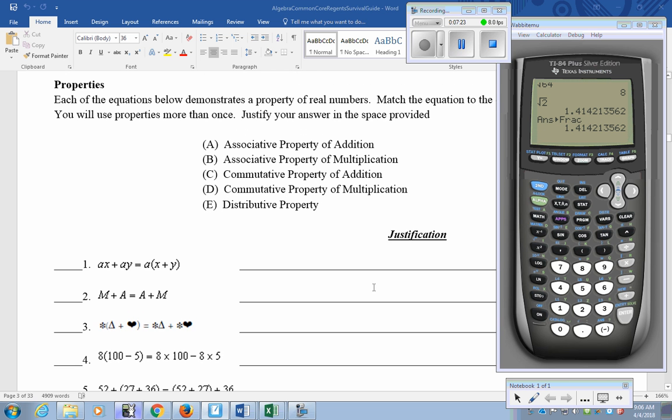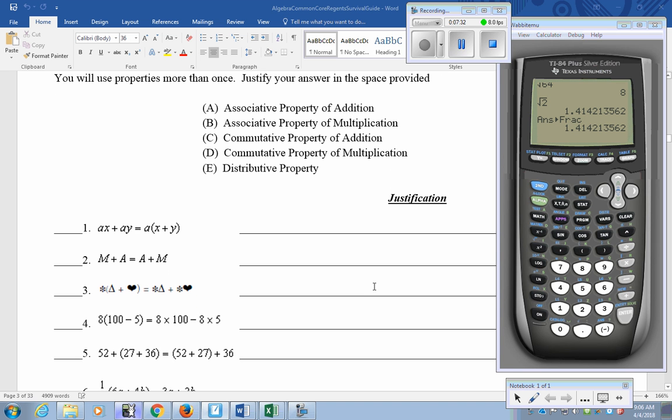Now for the properties section, nothing too crazy. You want to look for and remember the properties that have been talked about. So the commutative property for addition and multiplication, and I'll illustrate this with numbers. So the commutative property with addition would be something like this, where you can take the order for addition and multiplication and switch it around so that on each side you get the same thing.